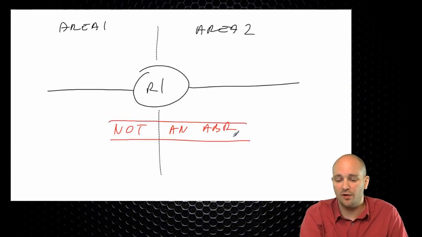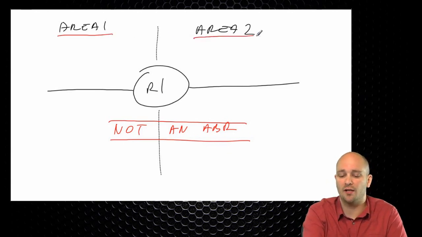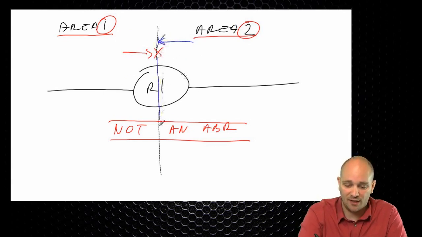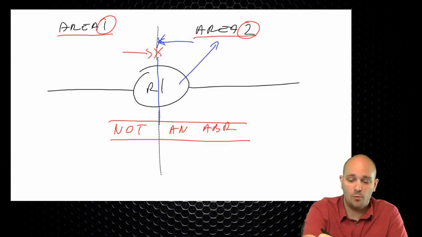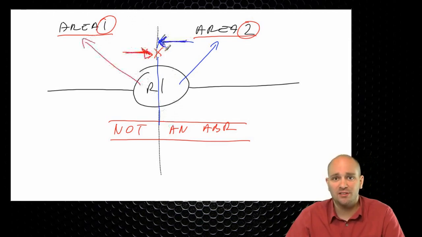Now, this router is not an ABR because it's connected to area 1 and area 2, which are non-backbone areas. There will be no summarization of information between these two areas. So this router will have a database in area 2 and a database in area 1, but there will be no information exchange between these two areas, because in iOS, the routers cannot summarize between non-backbone areas.